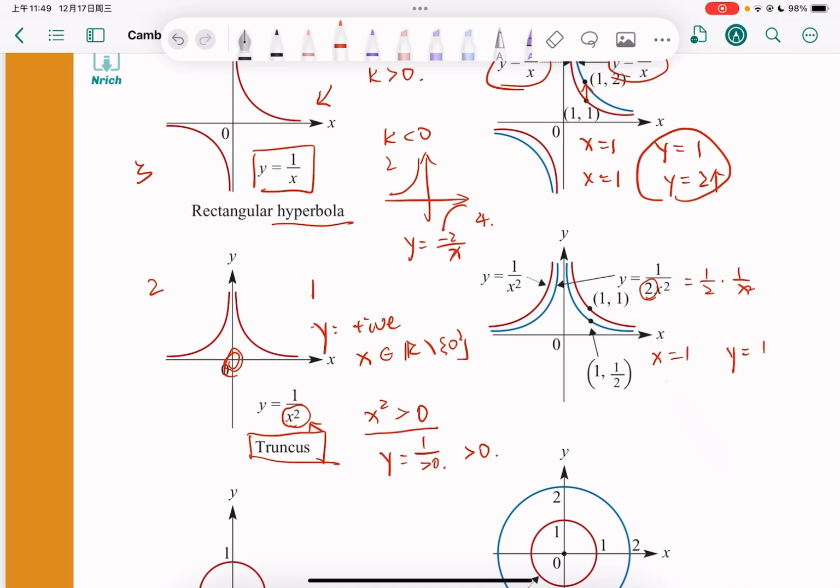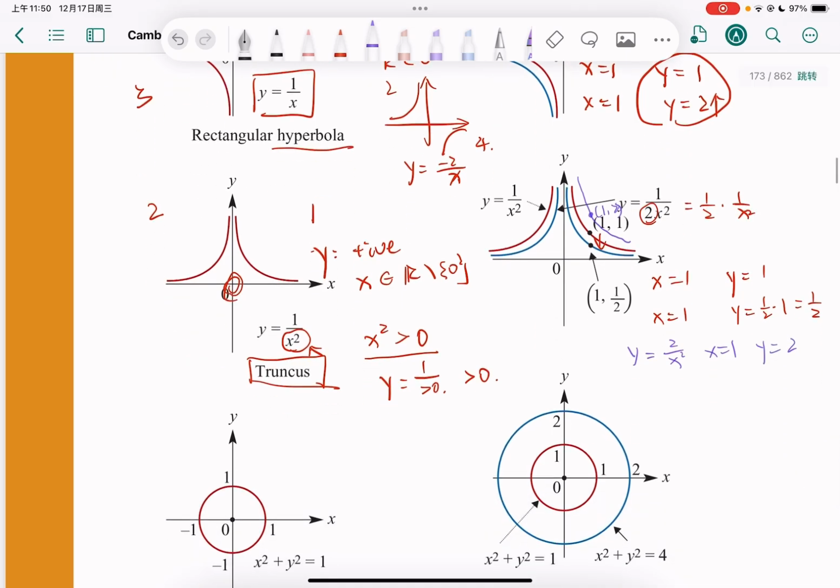But now, when x is equal to 1, y is half times 1, which is just half. So it's lowering its value. In another case, if we have a new curve y equal to 2 on x squared, we're increasing the value of y. When x is equal to 1, we have y equal to 2.